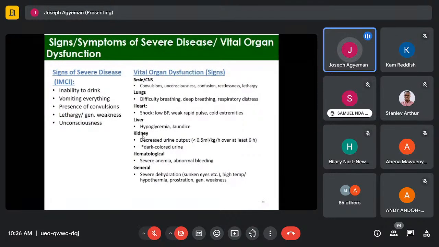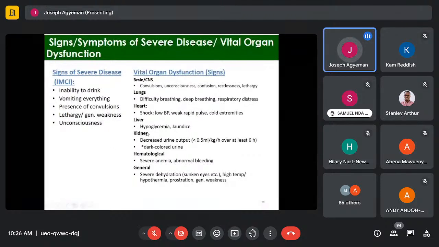Even vomiting, you are losing a lot of water, you are not having enough taste, no appetite, so you are not drinking, you are vomiting, plus high body temperature, you are losing a lot of fluids. This again will contribute to hypoperfusion.